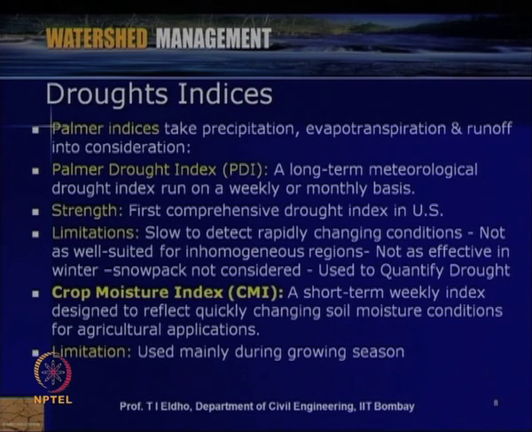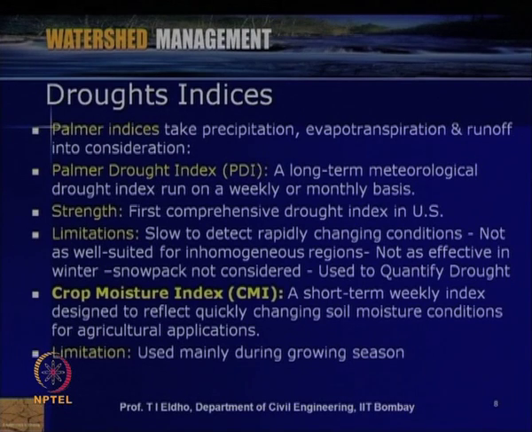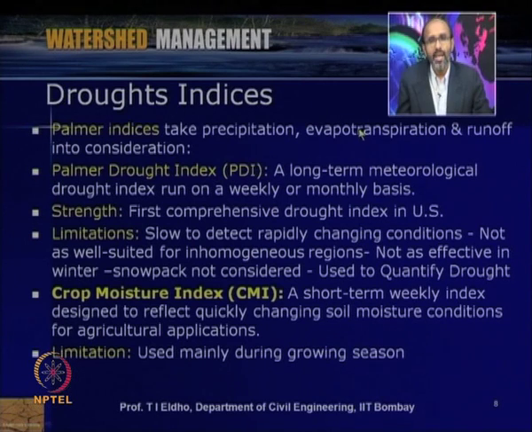Now, as I mentioned, different types of drought indices are available in the literature. One of the most commonly used is called the Palmer drought index. The Palmer index takes important parameters like precipitation, evapotranspiration and runoff into consideration while coming up with an index for the drought situation of a particular area. So the Palmer drought index gives a long-term meteorological drought measure, run on a weekly or monthly basis.